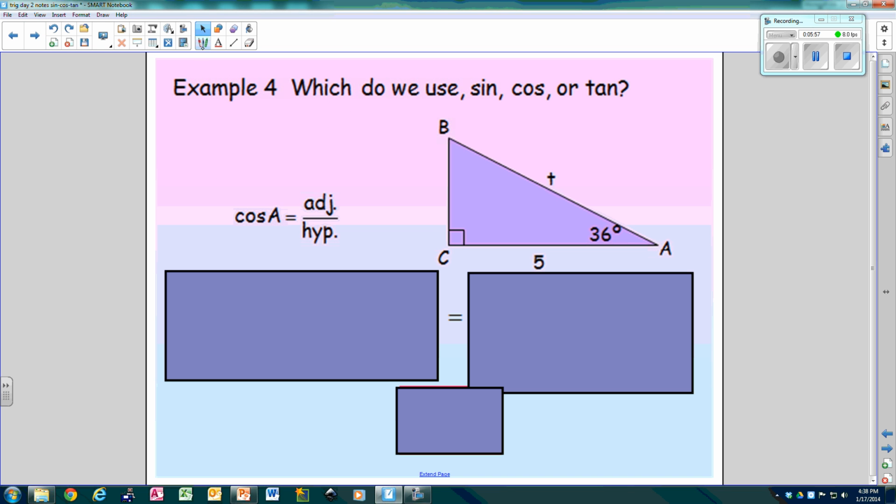Okay, this time we've got this angle. This side is adjacent and this side is the hypotenuse. So we're going to use cosine because we have SOHCAHTOA. So the A and the H tells me to use cosine.